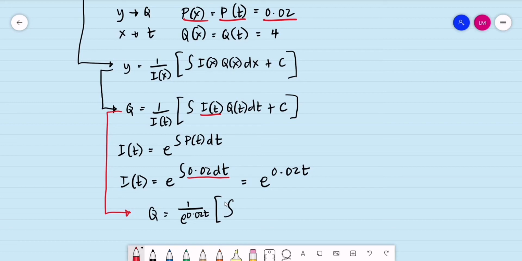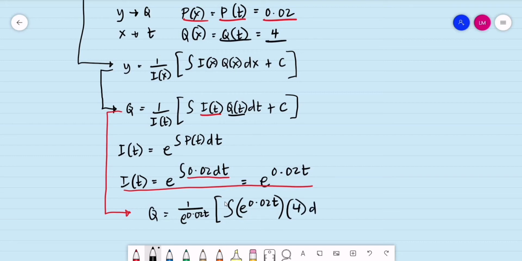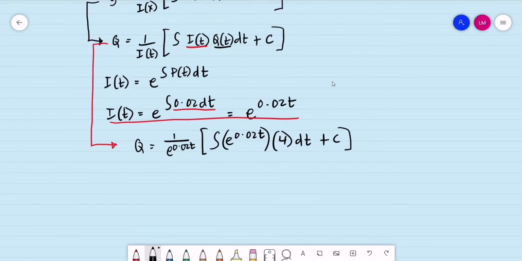That is e raised to 0.02t, to be multiplied by Q of t, or the Q of x. That is simply equal to the constant 4, multiplied by dt, plus c. Okay, then we are now to simplify.